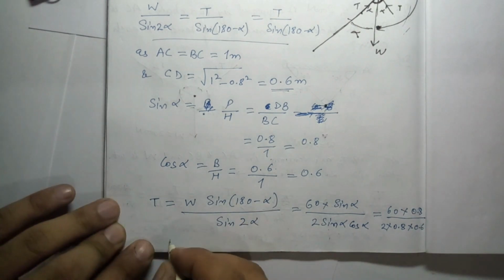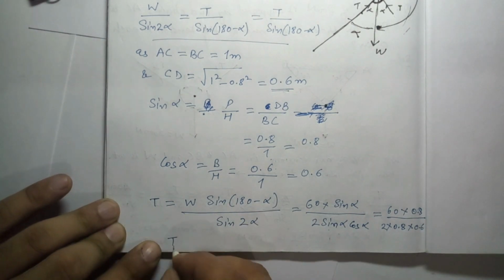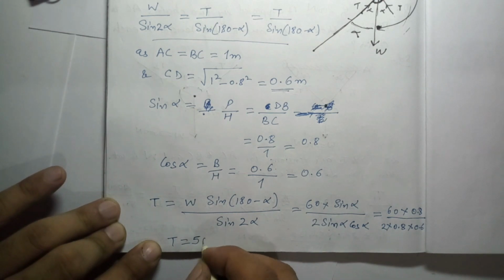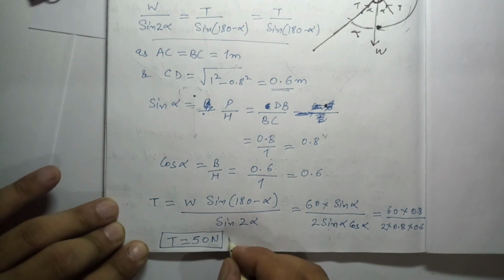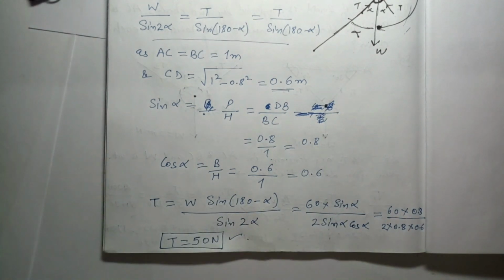So in this way, when we calculate this, we get the value of tension equal to 50 Newton, right? So this is the application of Lami's theorem. Very easily we can find out the required tension or required force when three forces are there. Thank you.